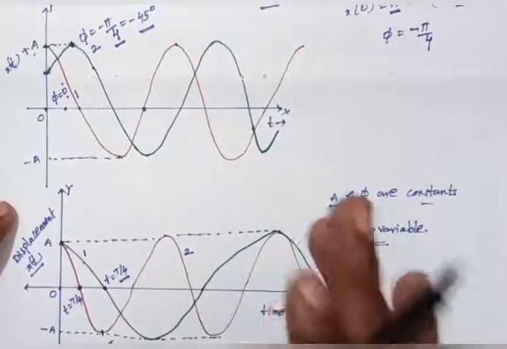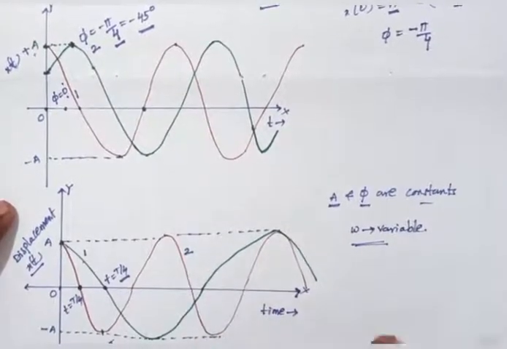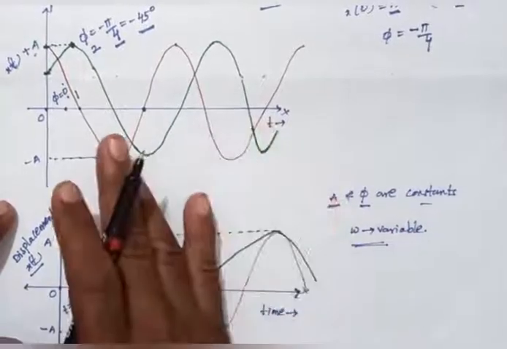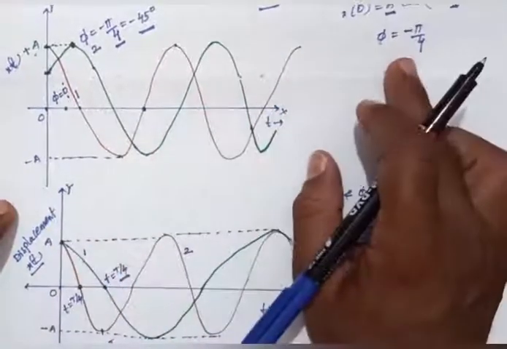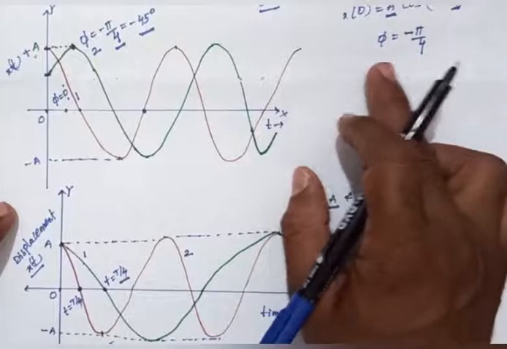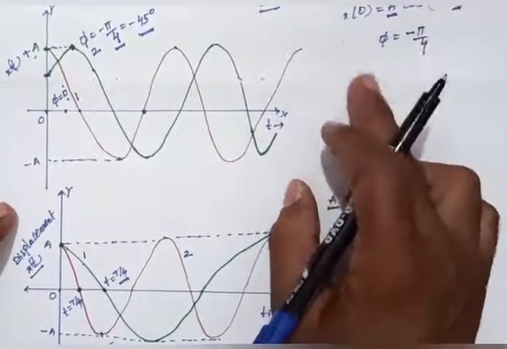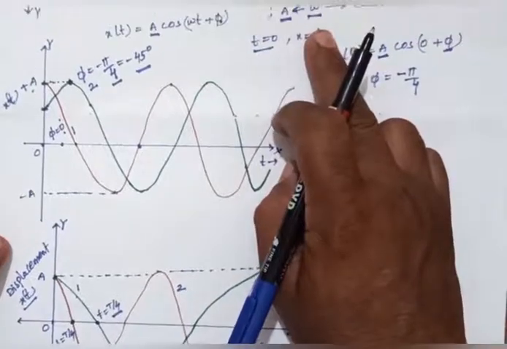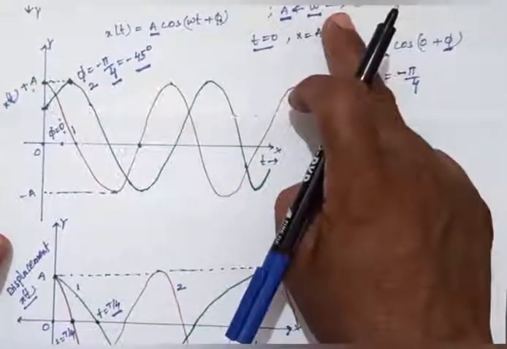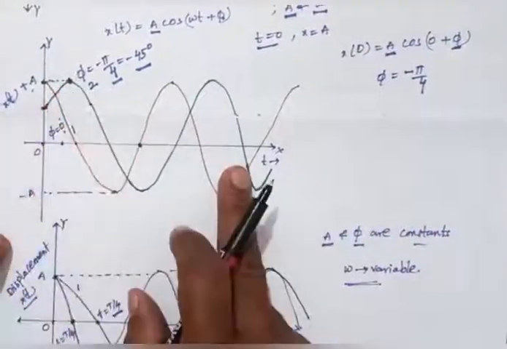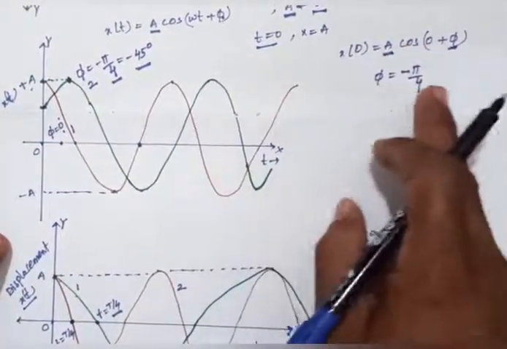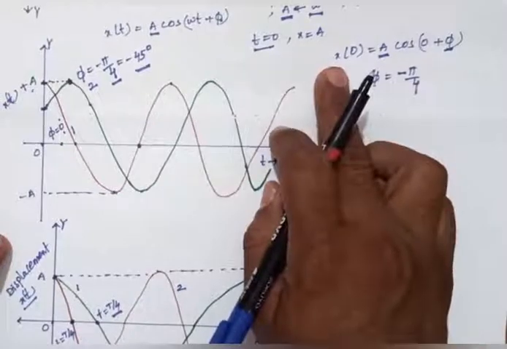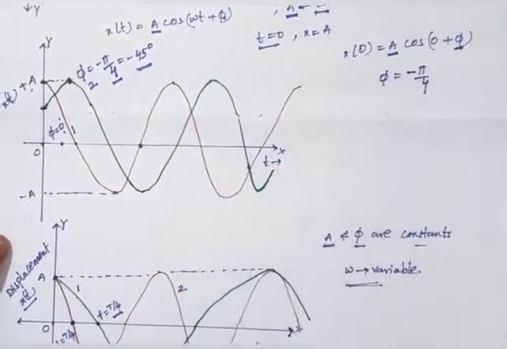The first graph consists of different amplitudes, and the second graph consists of different phase constants. In the second graph the amplitude and omega, the angular speed, are constant, but the phase constants are different: phi equals 0 and phi equals minus pi by 4.